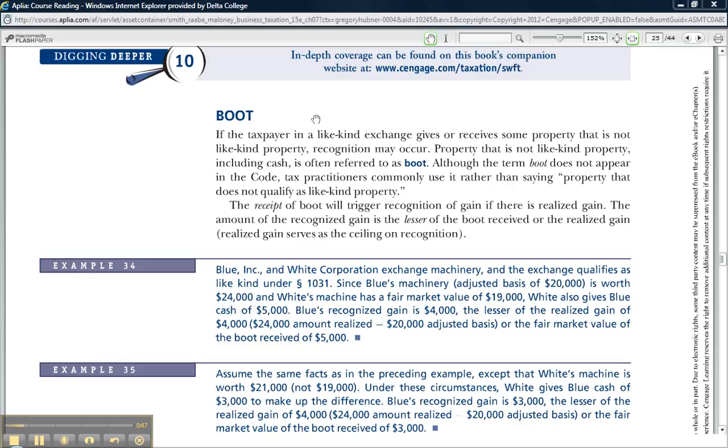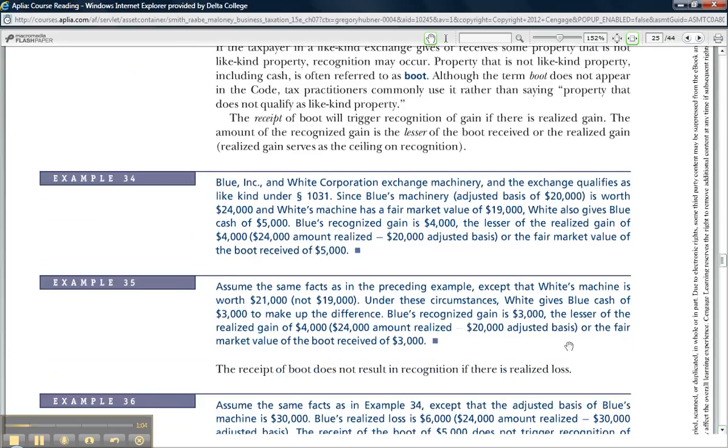So when boot is involved in a like-kind exchange, it changes the answer on how much gain is recognized by the taxpayer receiving boot. And these examples right here go through what amount is recognized.